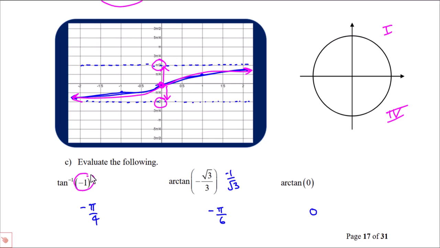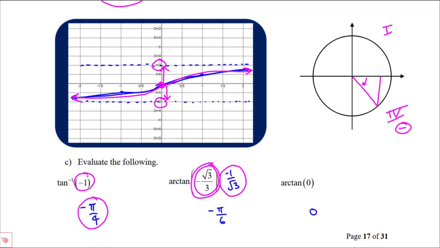So tangent is negative 1. Well, that's when the x and y are the same, but one's positive, one's negative. And that's our negative 45-degree angle, or negative pi over 4. Negative root 3 over 3, well, it's negative. I have to be in the fourth quadrant. And remember how this came up when we used to have just negative 1 over root 3 before we rationalized the denominator.